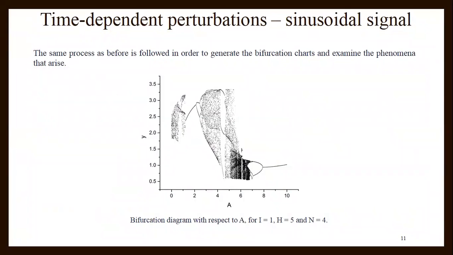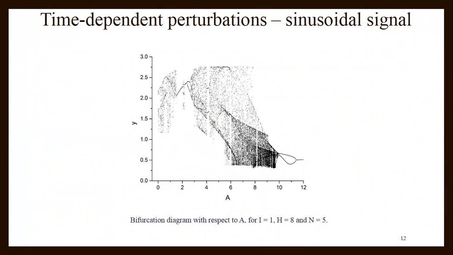So what we did before, in order to numerically integrate the system, we follow exactly the same procedure, but we change the model. So this was done in order to generate the bifurcation chart. So one can see this. This is a bifurcation diagram with respect to A for I equals 1, eta equals 5, and n equals 4.